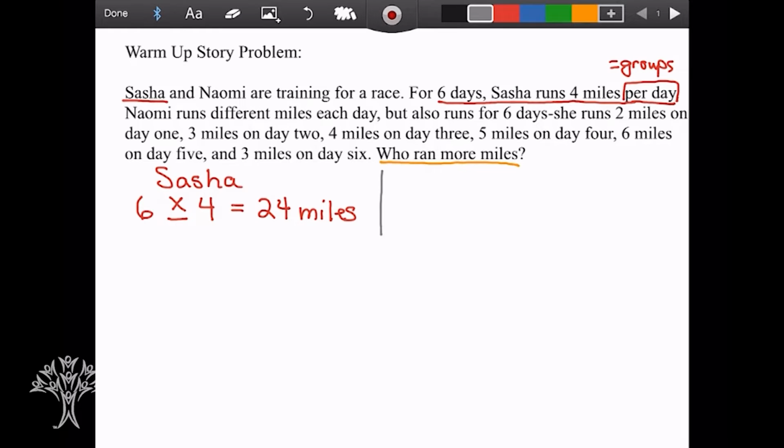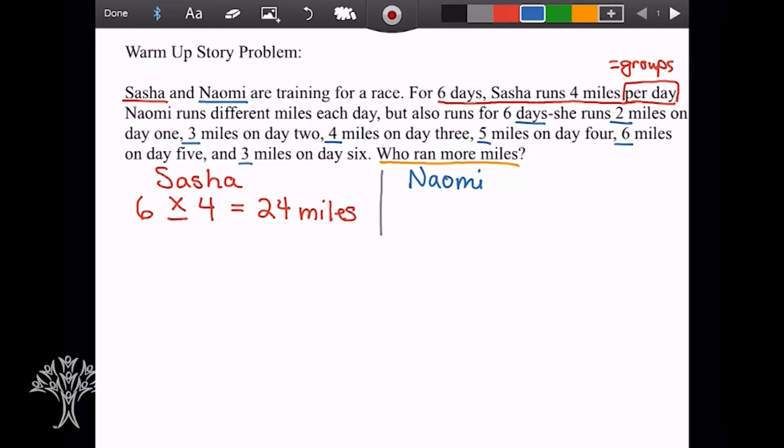Now let's think about Naomi. It also says that Naomi ran 6 days, but she didn't run the same amount of miles each day. She ran different miles each day. So she ran 2 miles, 3 miles, 4 miles, 5 miles, 6 miles, and another 3 miles. So what do we do with Naomi's numbers?